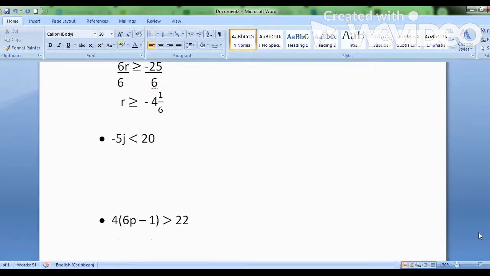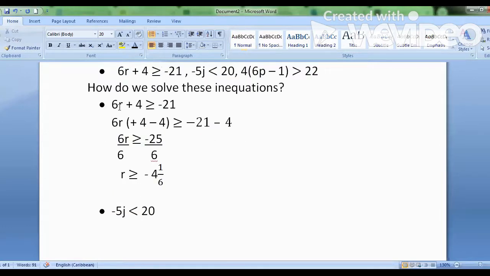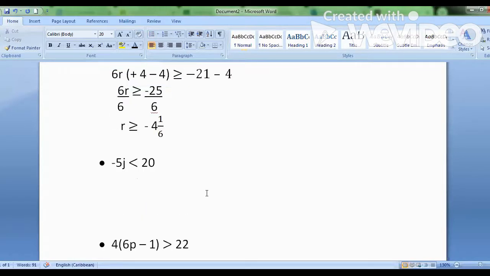Sir, I'm a bit lost. Let me just come back. All right. Well, they're trying these two. So when we try these two, I will continue. I did an example, and now we're trying these two.